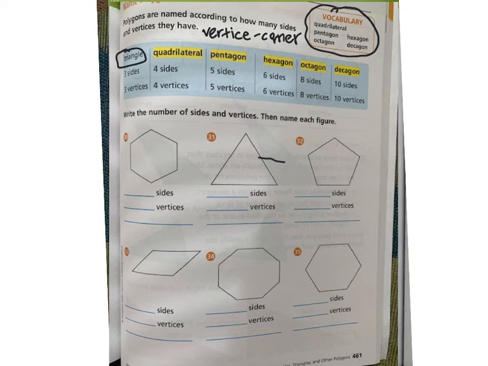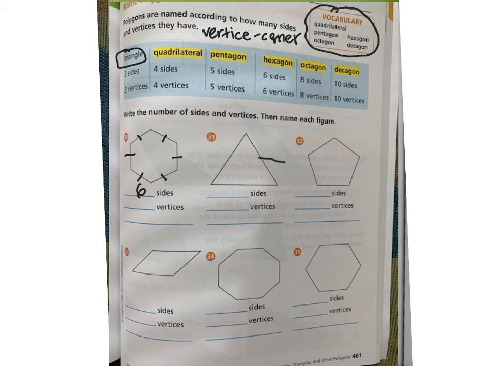All right, so we're going to make a couple rules on this page, okay? We're going to put a little hash mark when we count the sides. So we're going to say 1 side, 2 side, 3 side, 4 side, 5 side, 6 sides. I need to see those little marks. Okay, now I'm looking at corners or vertices.